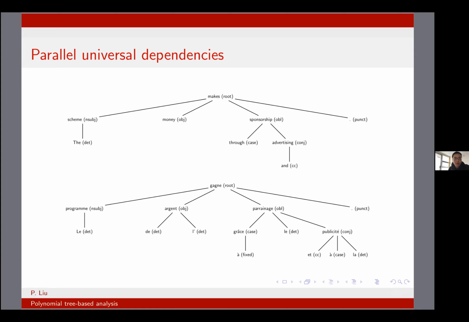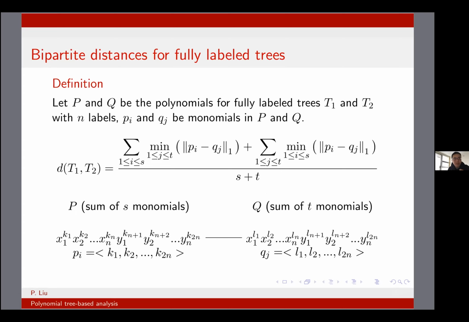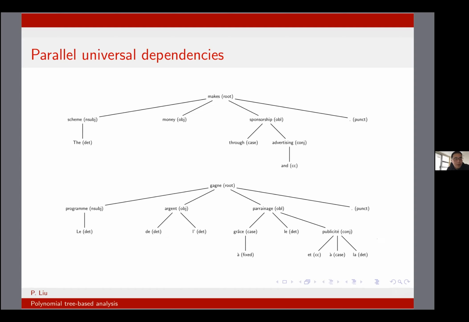Different languages will have different dependency structures for this sentence. And what we do is we take 1,000 sentences and compute the distance. This is a bipartite distance. As you know, these are fully labeled trees, and the labels are the things in the parentheses, whether it is objective or subjective.